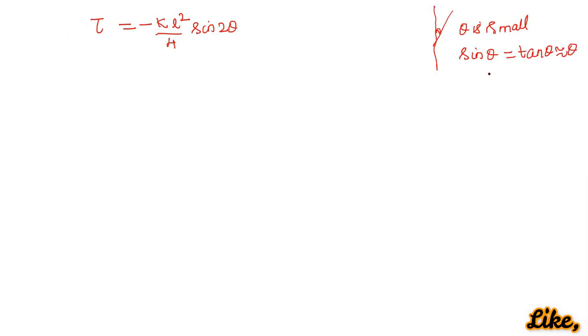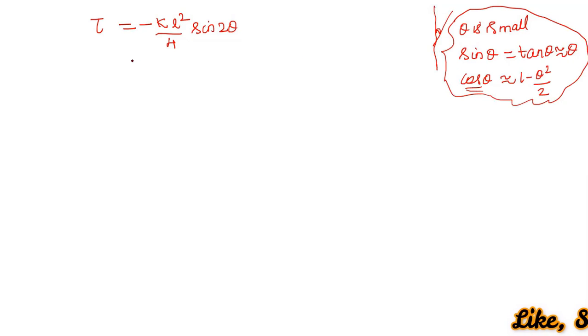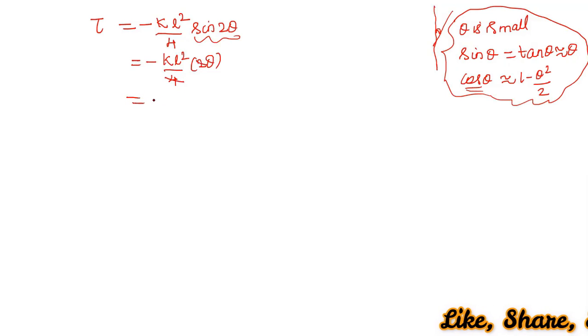You know this concept, right? So here we can replace sin 2 theta by 2 theta, and it will cancel. We will have minus k L square by 2 into theta as the torque.